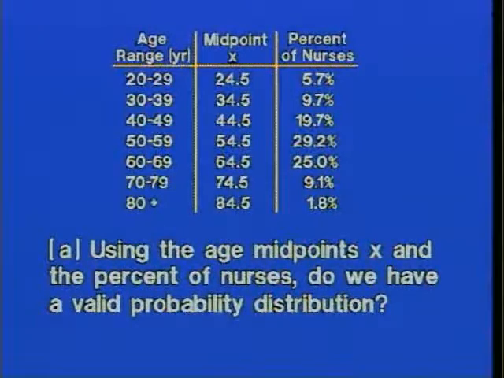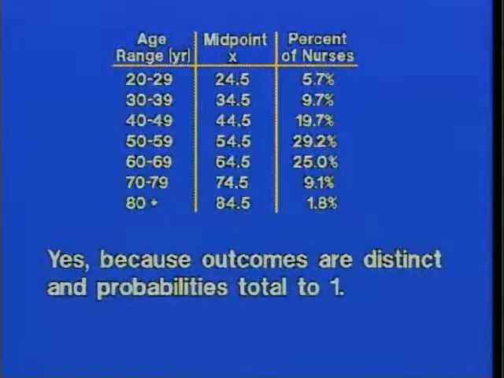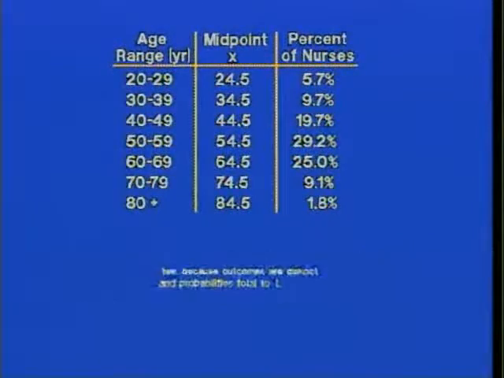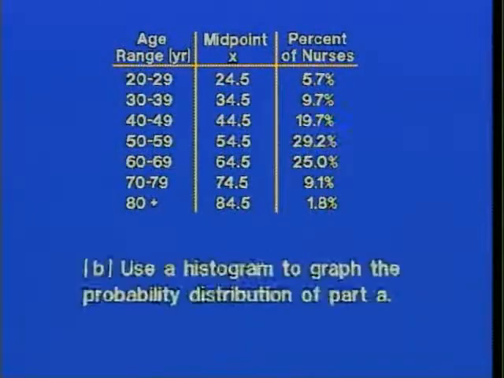Well, it turns out that we do, because each random variable x has associated with it a distinct percent, and the percents add to 1, more or less. Now, there is a rounding error here, but it's at about the third digit to the right of the decimal, so it's negligible. But the answer is yes, because outcomes are distinct and probabilities total to 1.